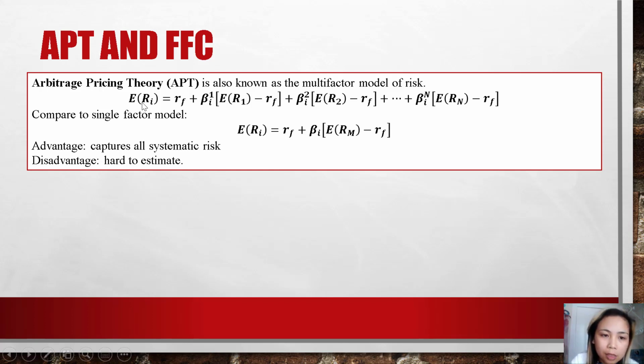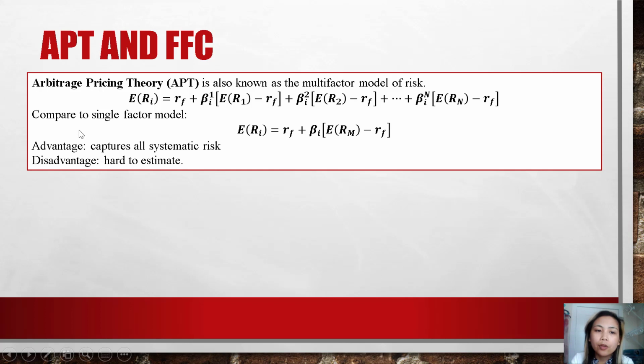We got the expected return of Ri is equal to RF plus beta i1 times the expected return of the first factor, subtract the risk-free portfolio return, plus beta i2 times the expected return of the second factor, subtract RF, and so on. Here we suppose there are N factors in the model.